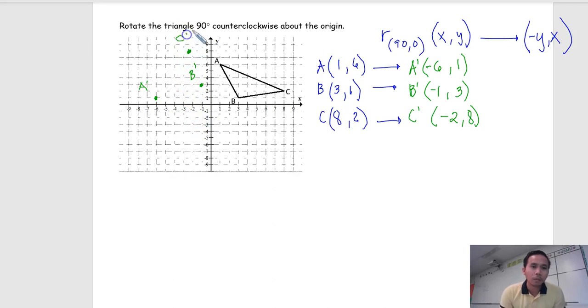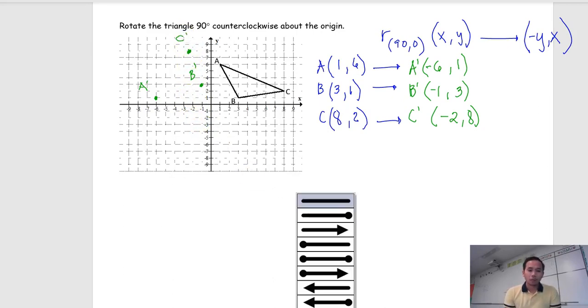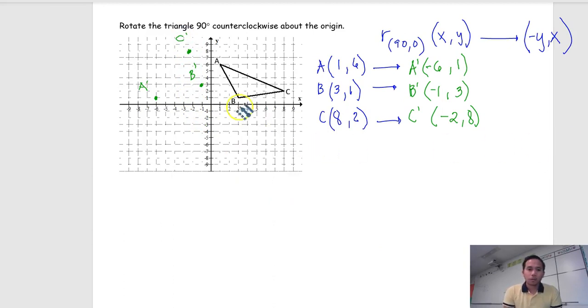That is your C prime. And then I'm going to connect those. Sorry about that. This is now your triangle rotated 90 degrees.